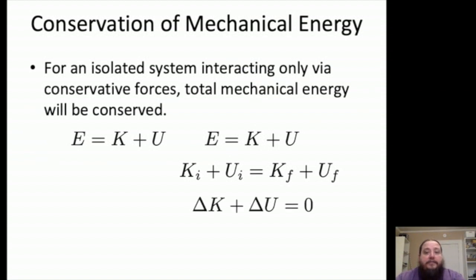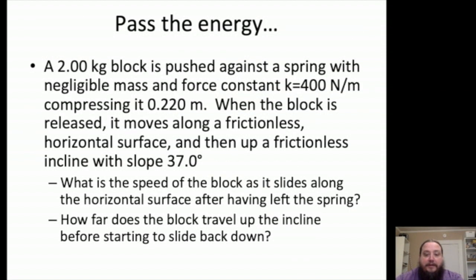Another way that you could think of this is that the sum of the change of kinetic energy and the sum of the change of potential energy must add up to be 0. In other words, if the potential energy decreases, the kinetic energy must increase by that same amount. If the kinetic energy decreases, then the potential energy must increase by that same amount. These two statements are basically rewritings of the same thing.